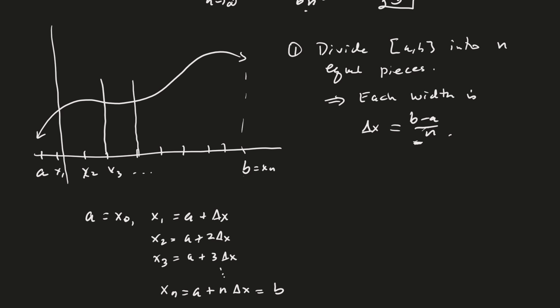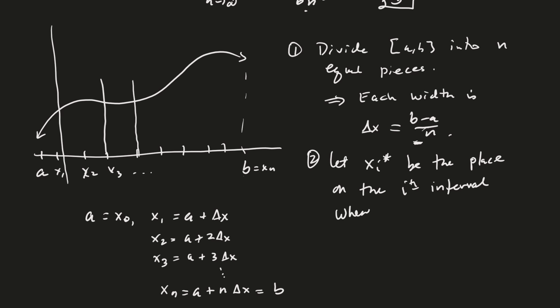And so we'll let xi star be the spot, or the place, on the ith interval where we evaluate the height of the rectangle.